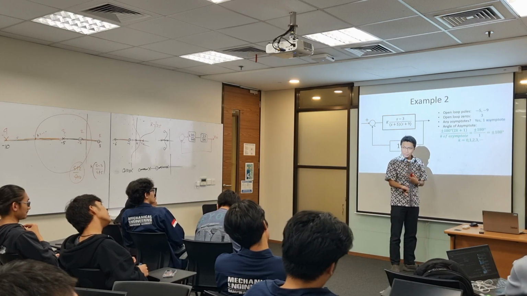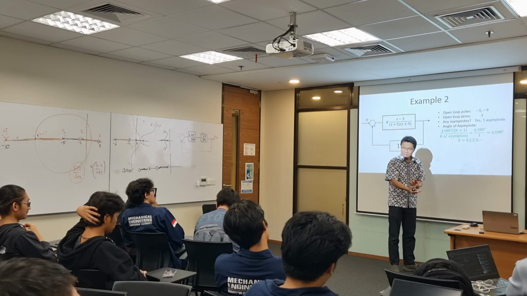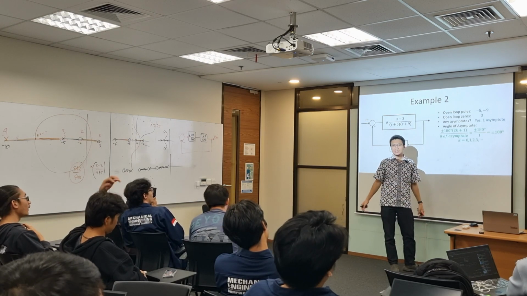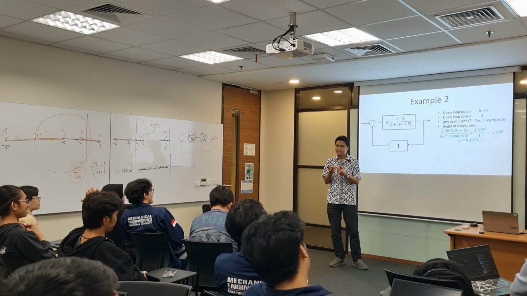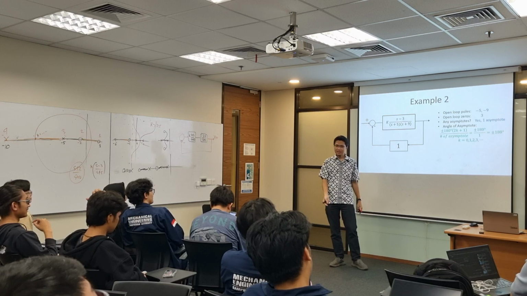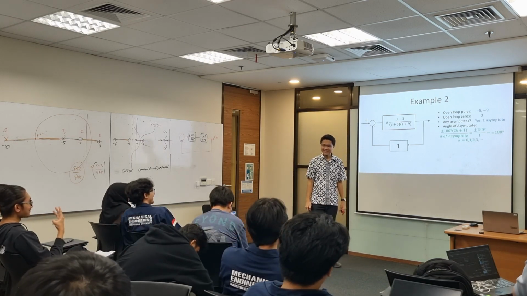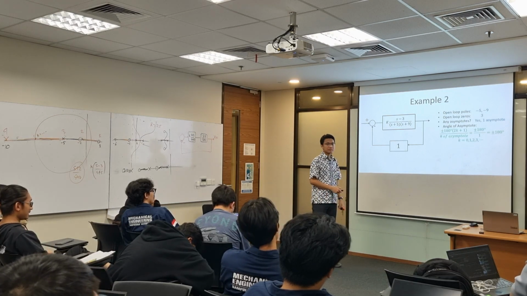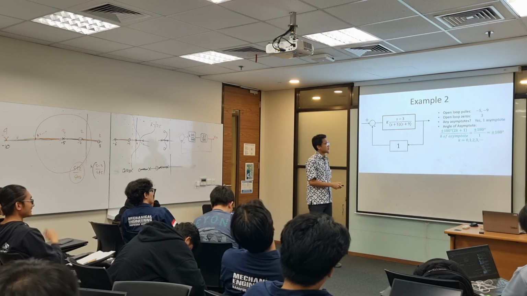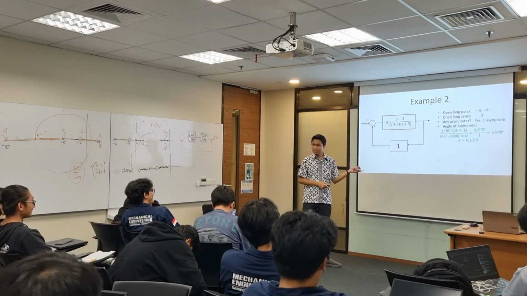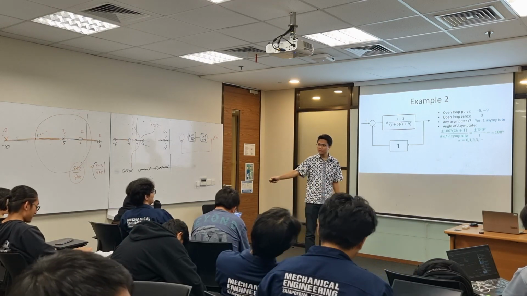If you have two asymptotes, k is 0 and then the next one k is 1. If there are 3 asymptotes, k is 0, 1, 2. So k goes up to n minus 1, and we have 3 different angles. This one only has 1 asymptote.